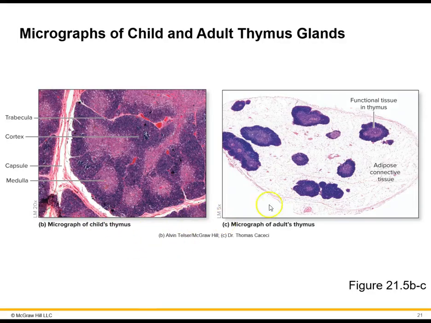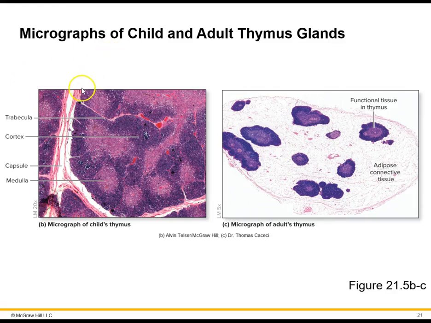Okay, so we're looking at the thymus under the microscope here. On the left is a micrograph of a child's thymus. On the right is an adult's thymus. And right away you can see there's just not much functional tissue left in the adult's thymus compared to the child's thymus.